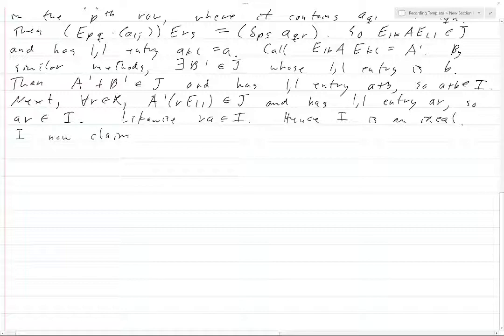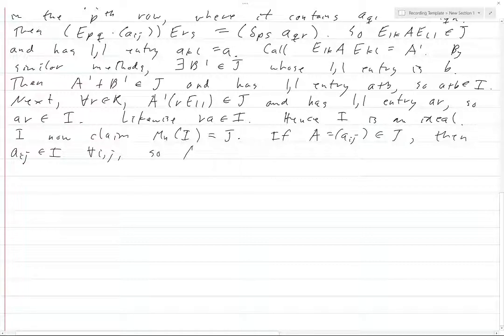I now claim that we have to verify that Mn of I equals J. If A is Aij is in J, then Aij is in I for all indices I and J, so A is in Mni, so then J is a subset of Mni.